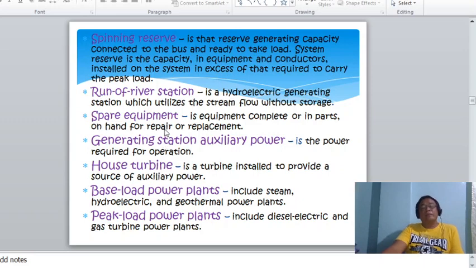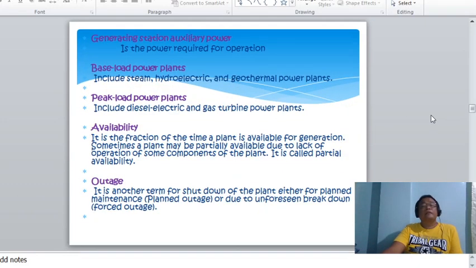Unlike in a diesel power plant, once the engine is started, it can easily generate power. That is why diesel power plants are utilized for peak loadings. Peak load power plants include diesel, electric, and gas turbine power plants.